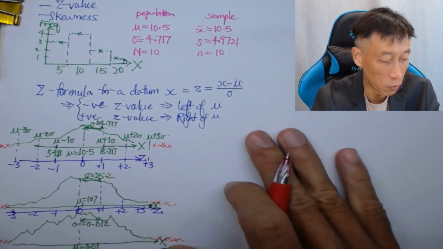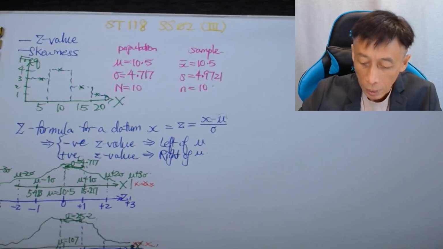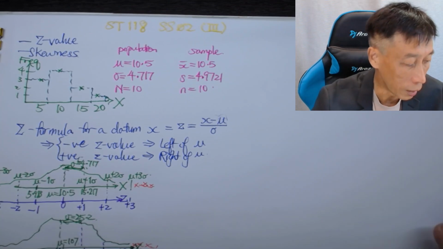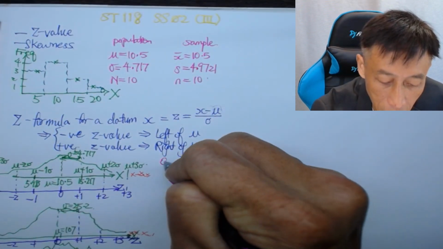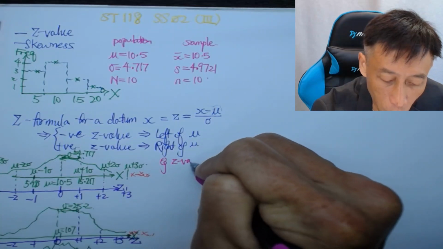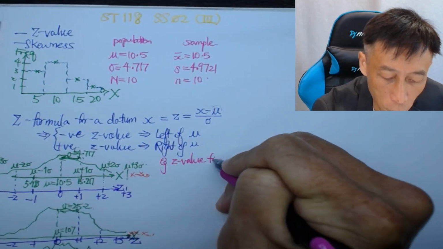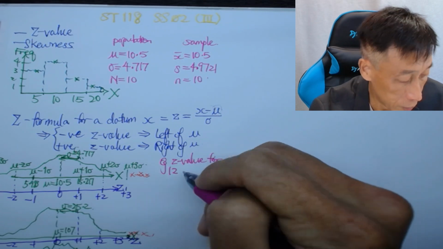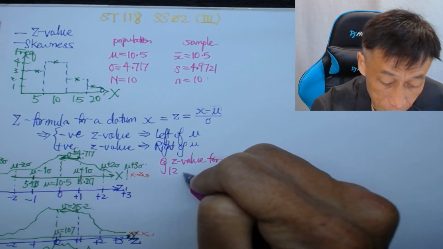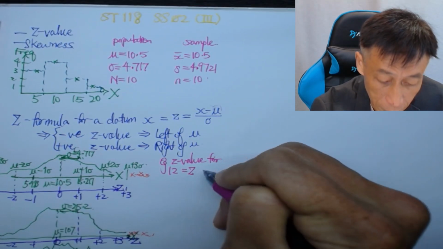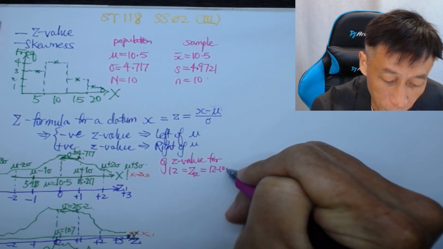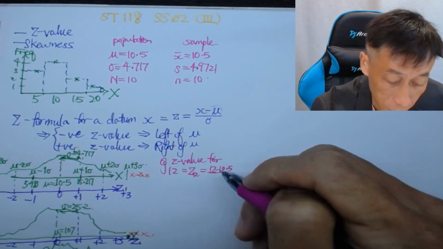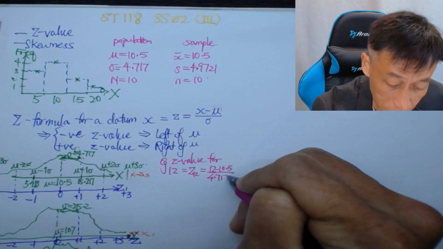All right, so this formula. And very quickly, we can calculate an example. The z value for 12: z12 is equal to 12 minus 10.5 over 4.7170.